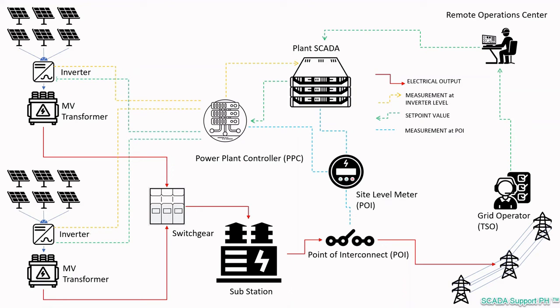At the power plant controller, the set points from grid management services are received and compared with the values measured at the point of interconnection. Based on this comparison, the power plant controller calculates the required control values and transmits these values to the inverters.